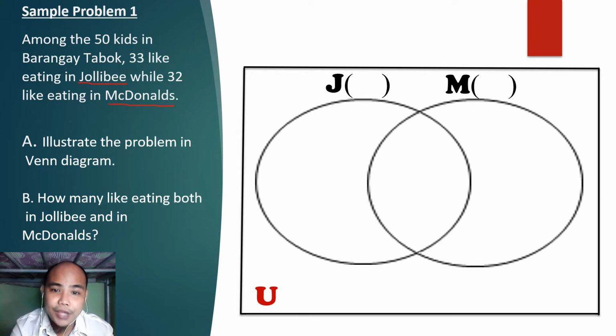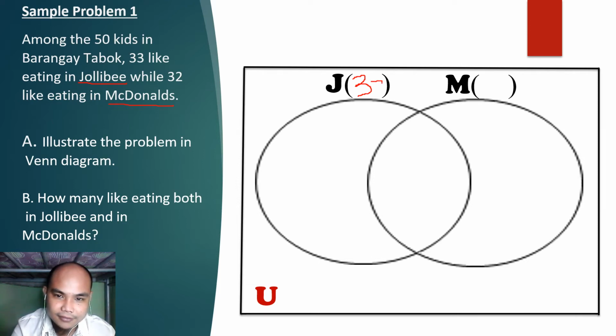The capital J represents Jollibee and capital M represents McDonald's. Take note of that: J for the first circle, Jollibee, and M for the second circle, McDonald's. There are two sets involved. Now, here's the given: Jollibee with 33. So 33 like eating in Jollibee, and we need to provide 33 here.